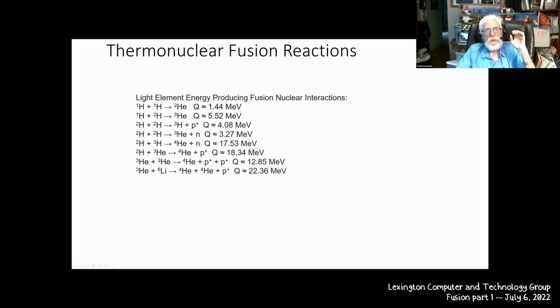So the energy that's released in the reaction is capital Q in this particular plot, table. You'll see another use of capital Q as the total energy being released by, like, a fusion reactor, and those are not to be confused. So the simplest fusion is two hydrogens together to make one helium.